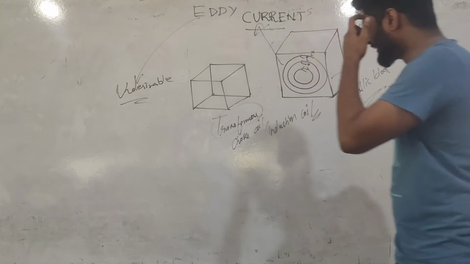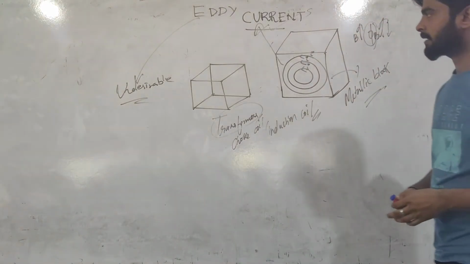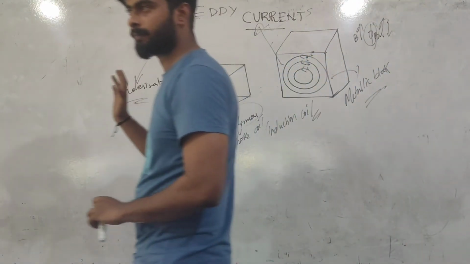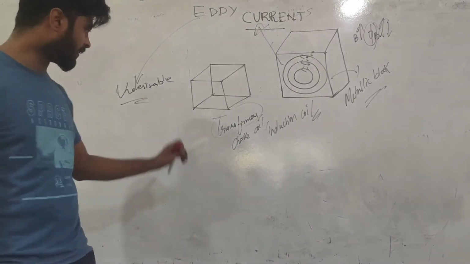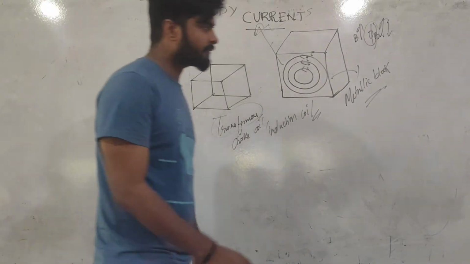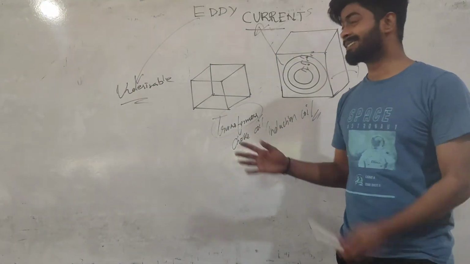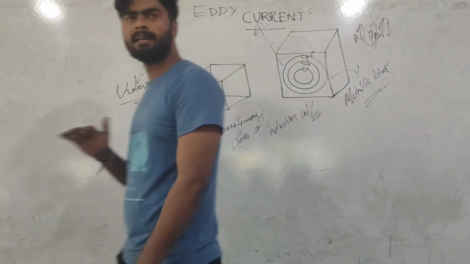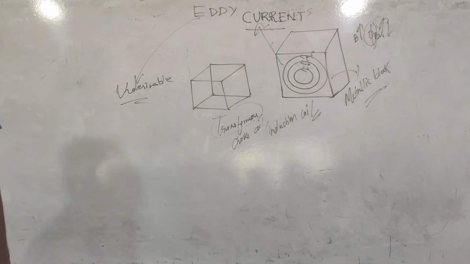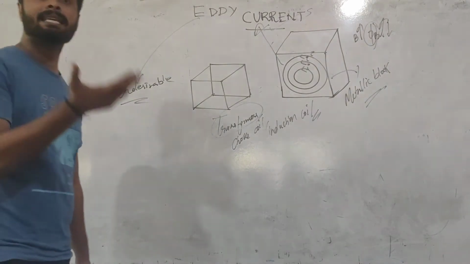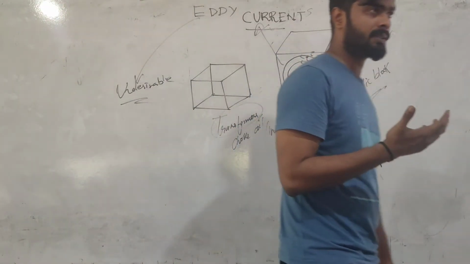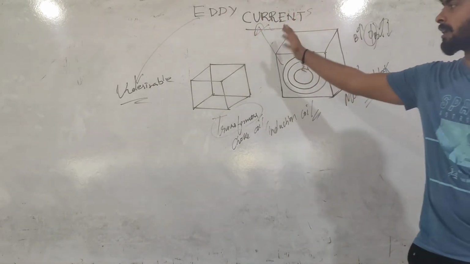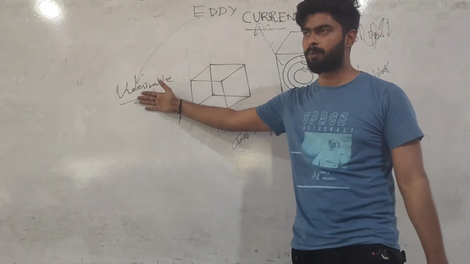The next question that you can expect from here: the first question would be, what is eddy current? Or where can you see eddy current: in transformer, choke coil and induction coil. If they ask you, is there any disadvantage of eddy current, what will you say? Yes. It produces excessive heat, or there is a wastage of energy. So this kind of current is undesirable, not desirable.